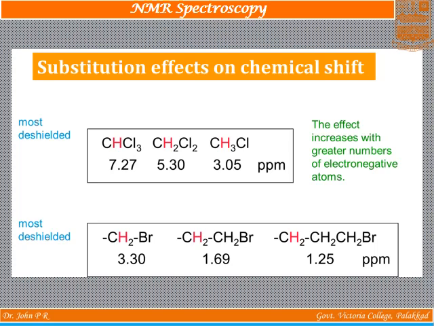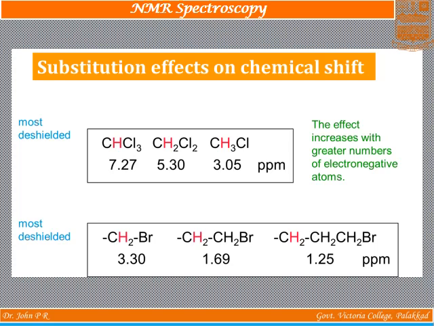If we move bromine again to the second carbon, the value gets reduced to 1.25. So the presence of electronegative elements will greatly influence the chemical shift value.